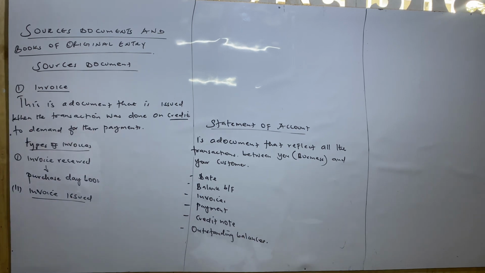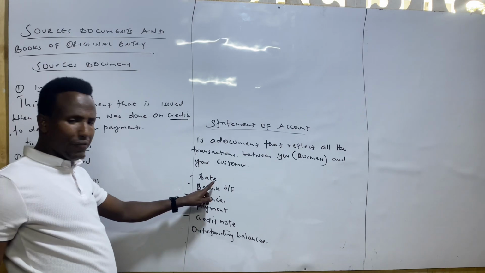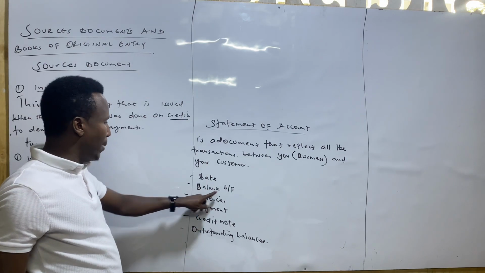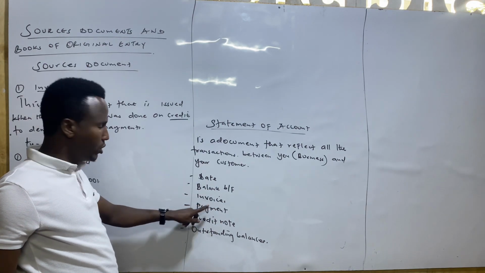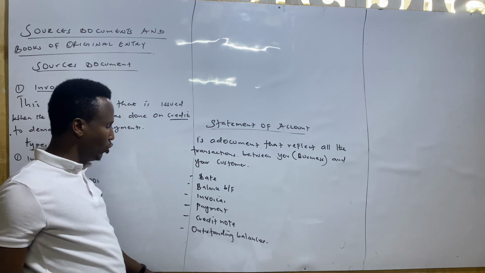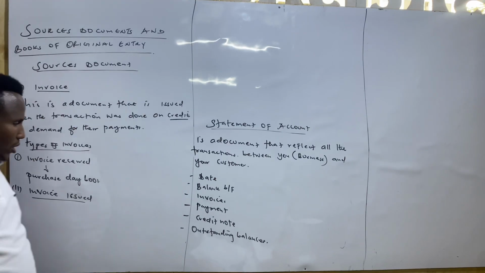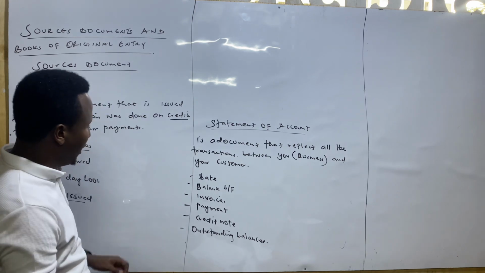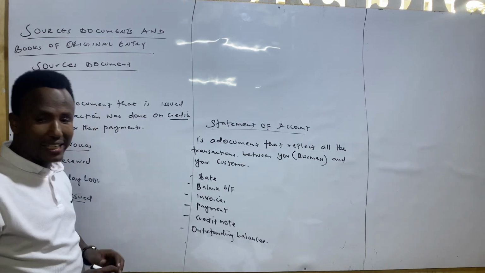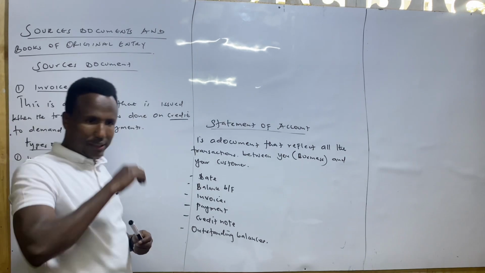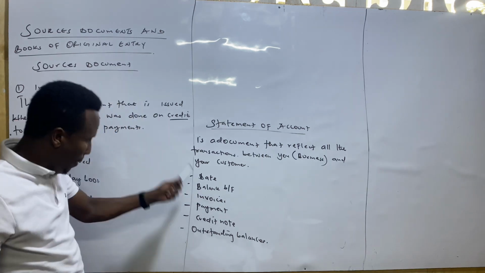What do I mean? When we are preparing this, we have the date, the balance brought forward, the invoice, the payment, the credit note, and the outstanding balance. The date when you are sending this to your customer who was trading with you on credit must be there.